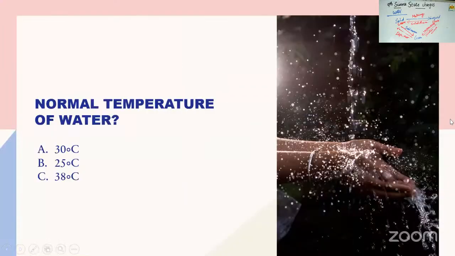Fourth question, normal temperature of water. This is normal water. What is the normal water temperature? First one, 30 degrees Celsius, then 25 degrees, and then 38 degrees.